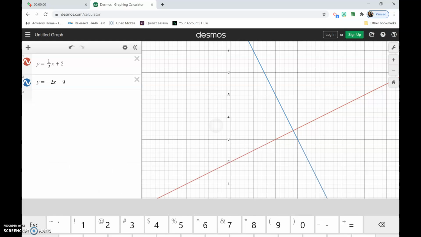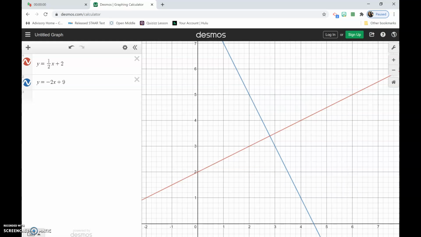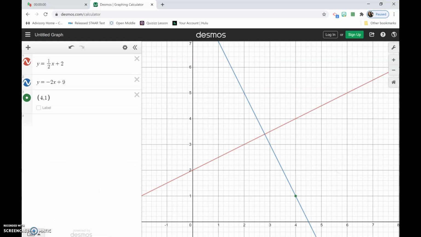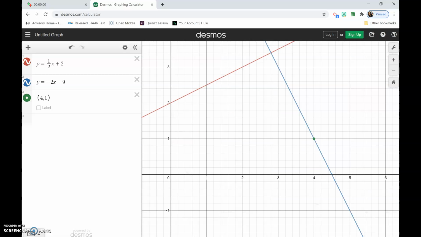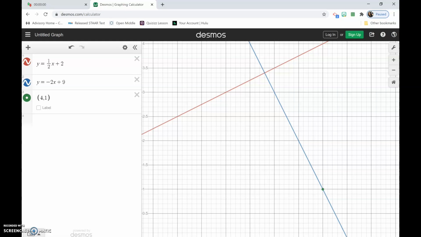So if I'm right, first off, it should be perpendicular, meaning it's crossing at a 90-degree angle. And then we're going to check our point. It says it needs to go through the point 4, 1. All right, so let's see. Did it plot it on the blue line? Yes, it's here. So we know we are right because those two lines are perpendicular, and that second line crosses through the point 4, 1.